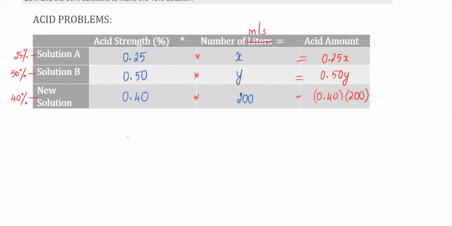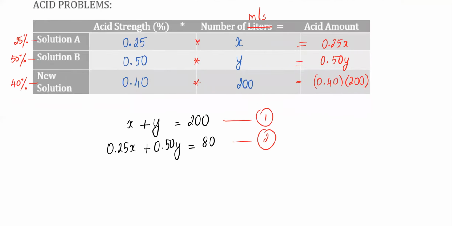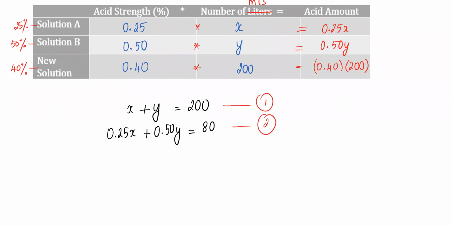So x plus y is 200. 0.25x plus 0.50y equals, and again from your calculator, that comes out to be 80. You could keep the decimals as they are, or you could clear the decimals, right? So let's call them equations 1 and 2. If you're using the calculator, clearing the decimals need not be done.